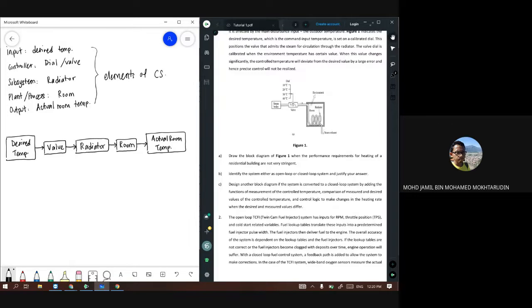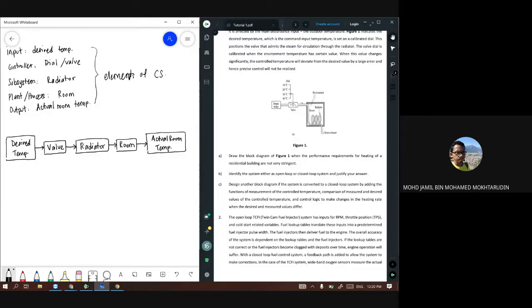But in the end, let's say if a similar question comes out in the exam, the panel or the examiner will try to find all the things that should be in the block diagram.